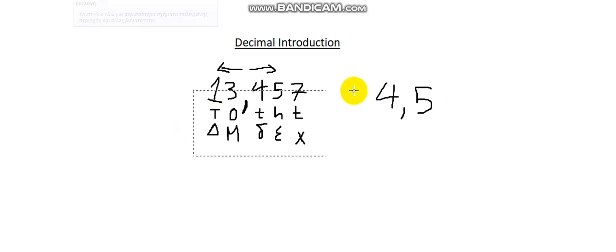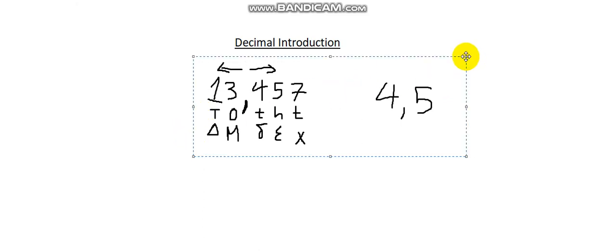Now, how do we compare two decimal numbers? Let's say I have numbers 82.3 and 8.23. How do I compare these two numbers?